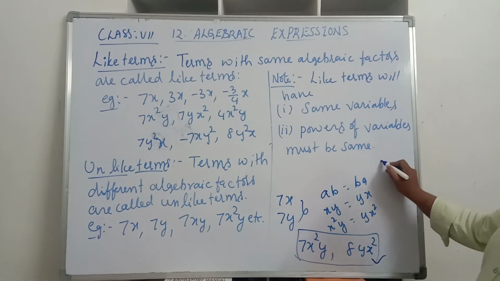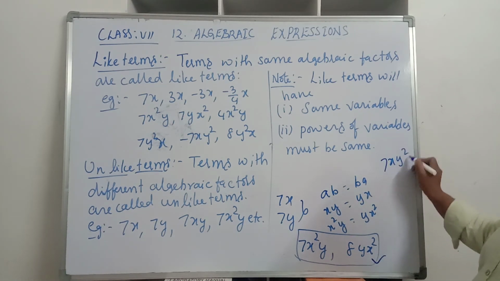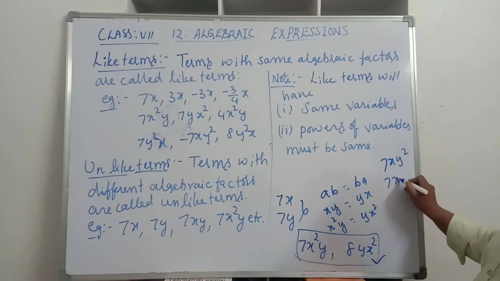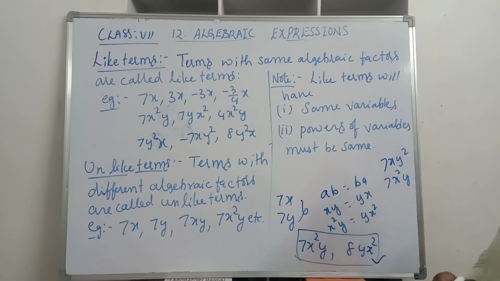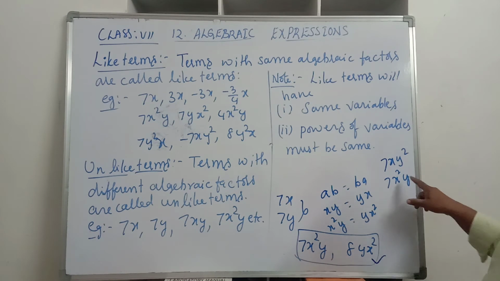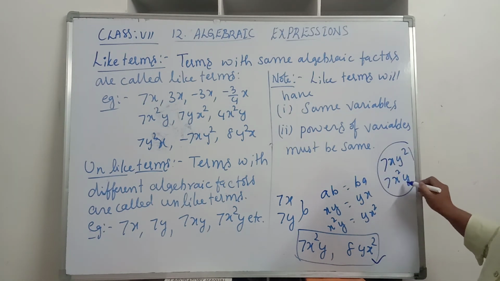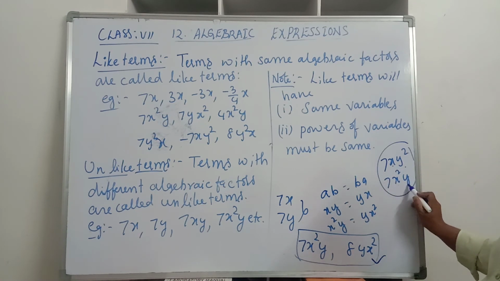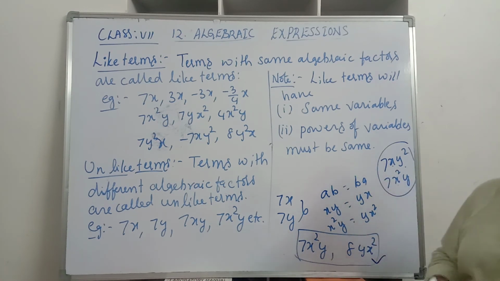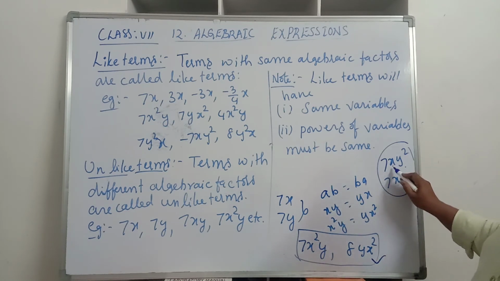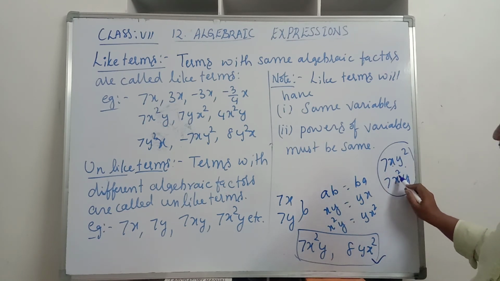Now take 7xy square and 7x square y. Observe this. What are the variables here? x is the variable, y is the variable. Again here x and y, both variables are the same. Now observe their powers. For x the power is 1 and here the power is 2.